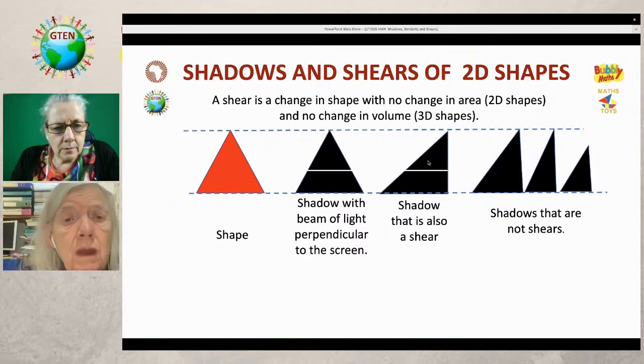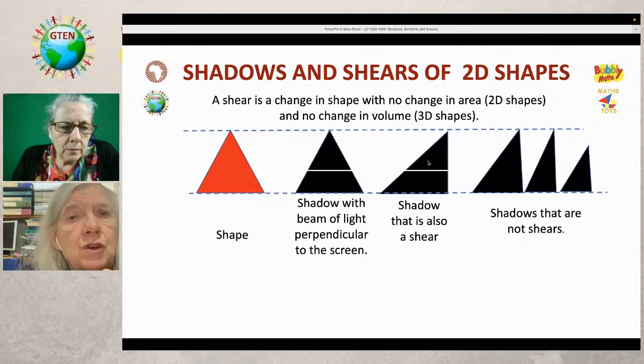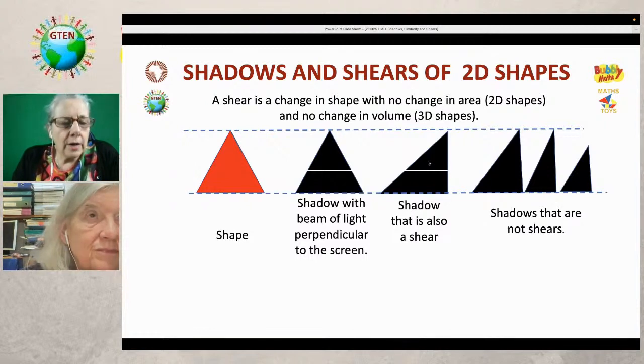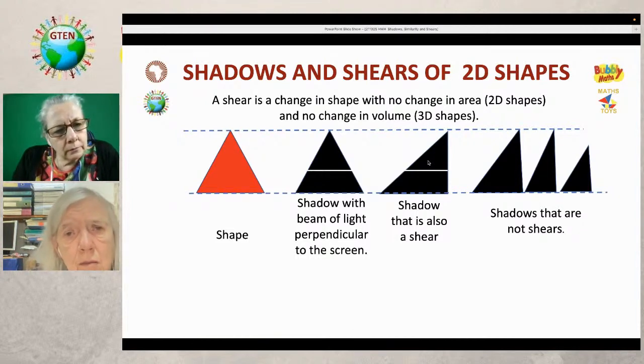And so what we say about a shear is that it's a change in shape if it's a 2D shape with no change in area, and if it's a 3D shape with no change in volume. Okay, all right. Now, what it means for my diagram there of the shadow of a triangle, there's two white lines in the middle, and they are the same length.